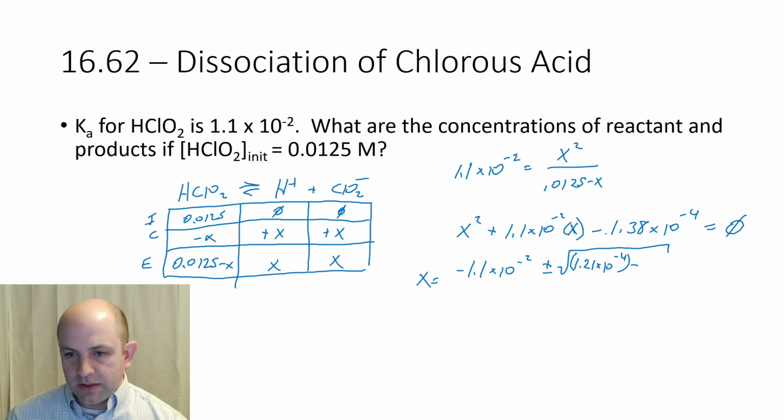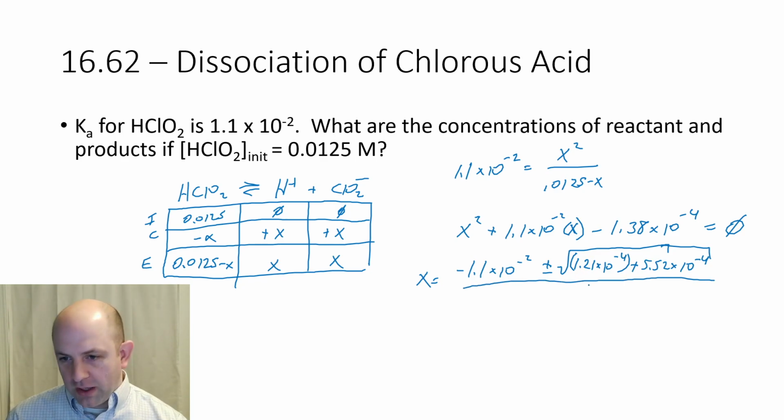It's a negative there, minus negative, so it's plus 5.52 times 10 to the negative 4. You can see it's getting ugly already. That's why we use the shortcut if we can. All over 2a, so just 2.